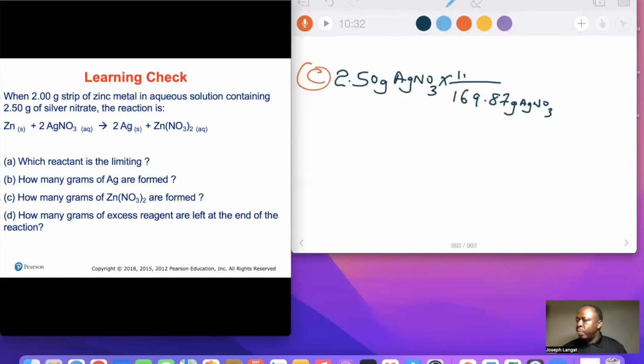So that's where the 169.87 came from, grams per mole of silver nitrate, AgNO3, times 1 mole of zinc nitrate for every 2 moles of silver nitrate, AgNO3.